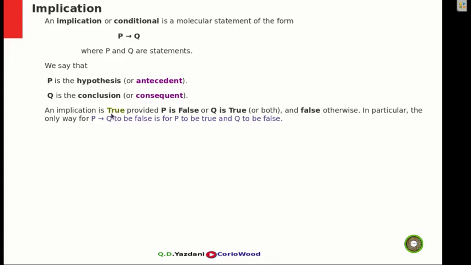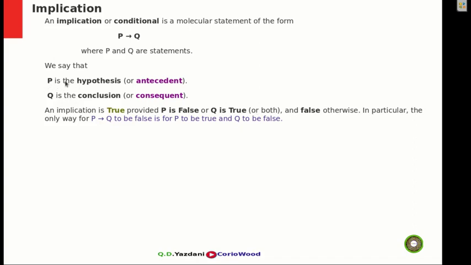An implication is true provided P is false. We look at this: the hypothesis is false, or Q, which is the conclusion, is true, or both. If both are true, then it becomes true, and false otherwise.